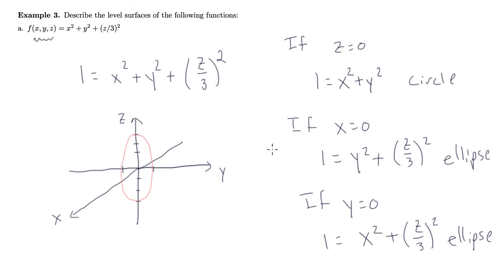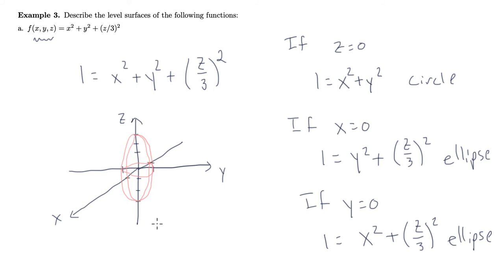Okay. And then in the xy plane, we actually have a circle. And then in the xz plane, we also had an ellipse, like this.